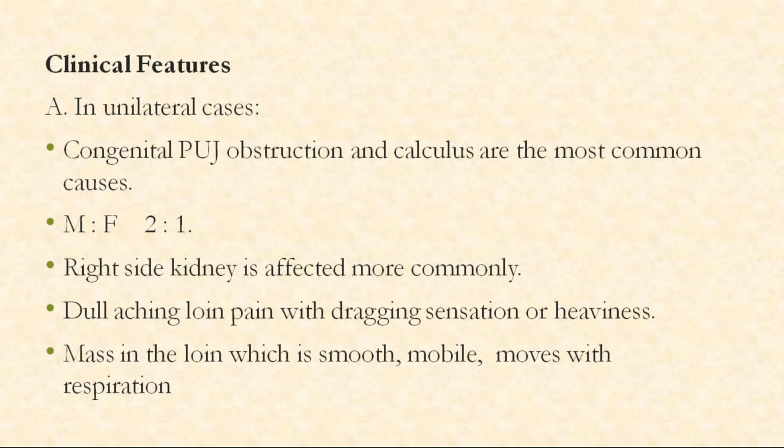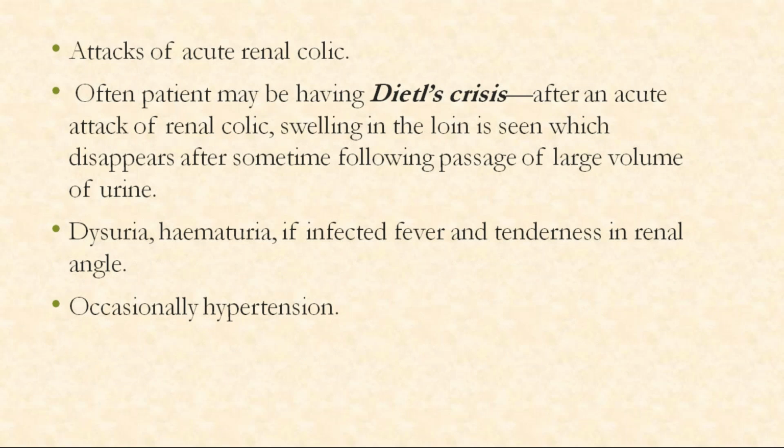Do you know what the structures are which move with respiration? The kidney, liver and spleen move with respiration. This patient may have acute renal colic. Why? Because some stones may develop because of retention of urine, which may produce renal colic. What is the Dietl's crisis? Sometimes they ask you for short notes on Dietl's crisis. Often the patient is suffering from Dietl's crisis.